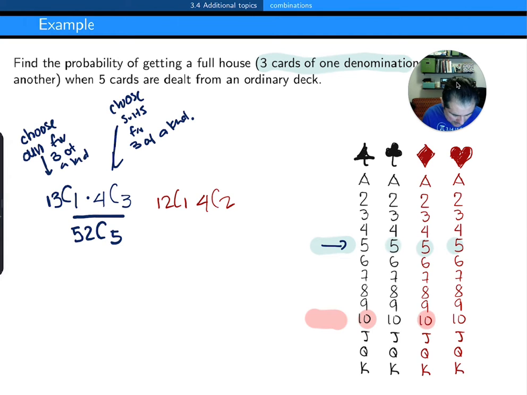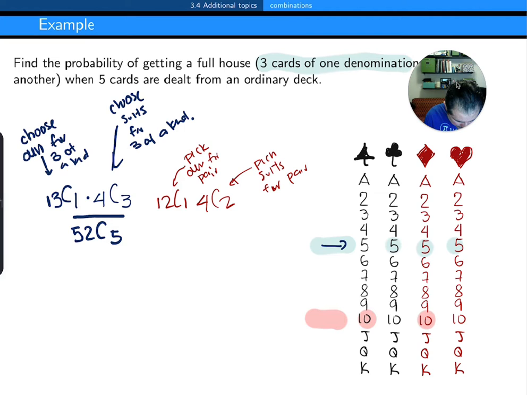To complete these notes, instead of choose it's easier to write pick: pick the denomination for the pair, and this came from picking the suits for the pair. Okay, so there you go.